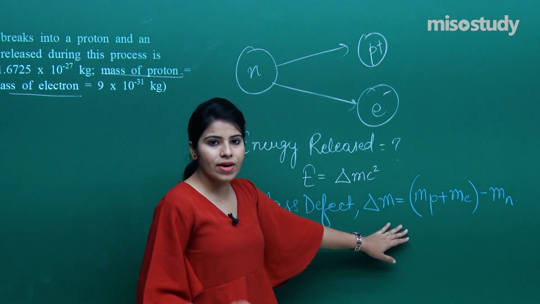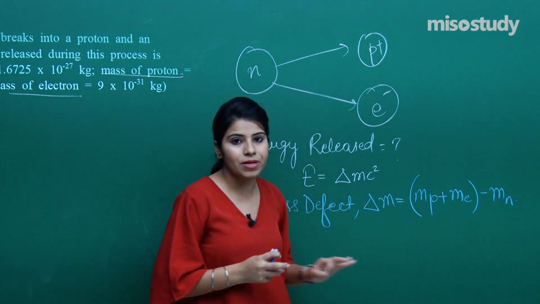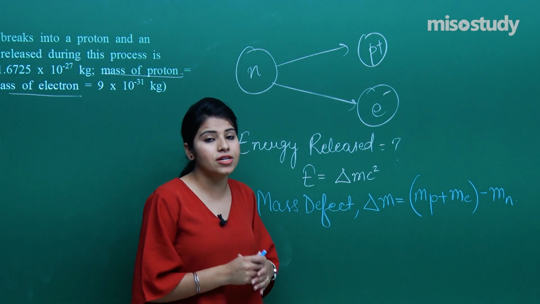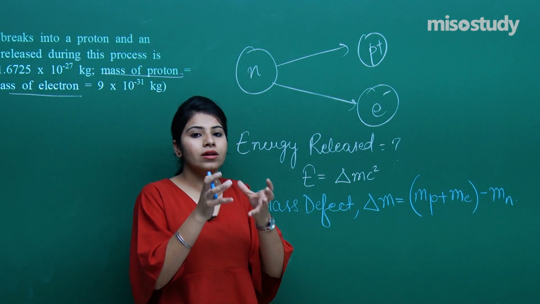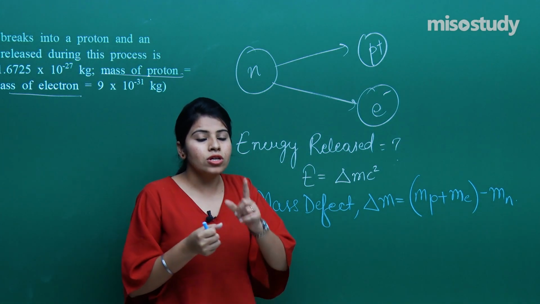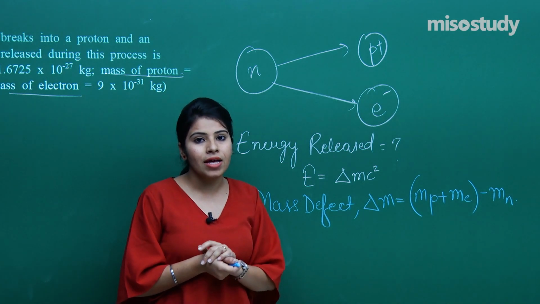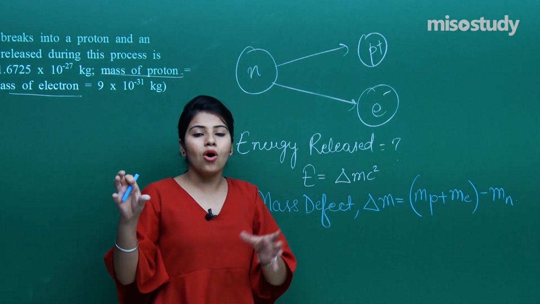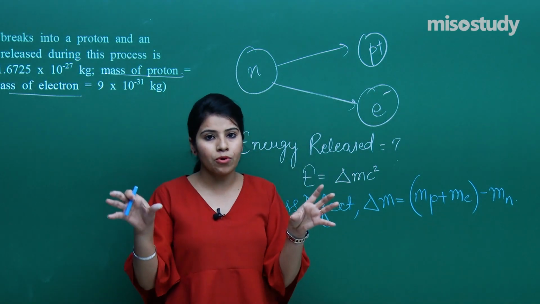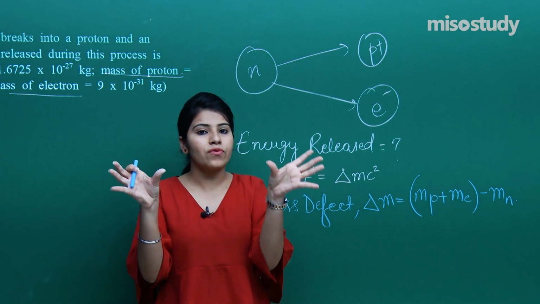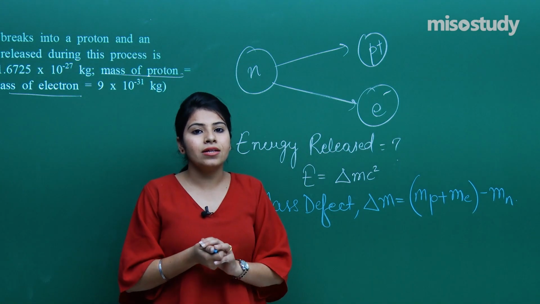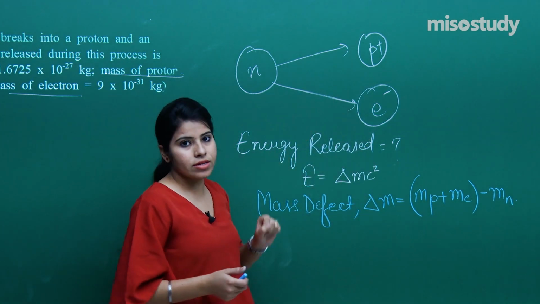Let me tell you why we have written such a statement. Because, as you have studied in binding energy and mass defect, you know that when fusion is taking place, if we are making one nucleus, the nucleus will have lesser mass than the individual sum of protons and neutrons. As you know, the nucleus is made up of neutrons and protons, so the sum of the mass of protons and neutrons is greater than the mass of the nucleus.